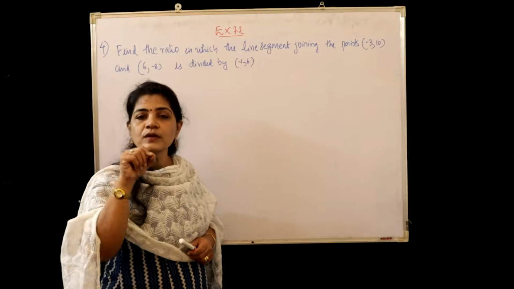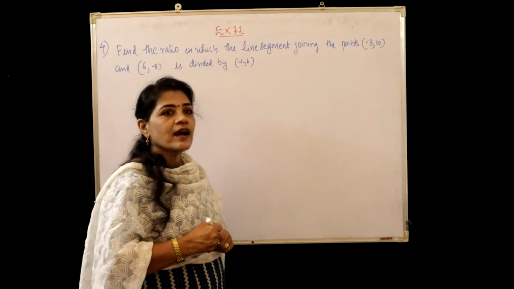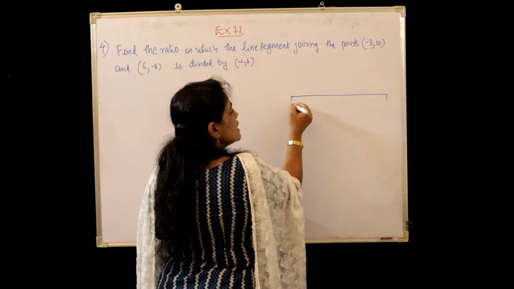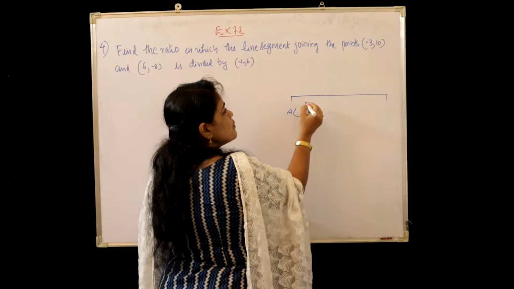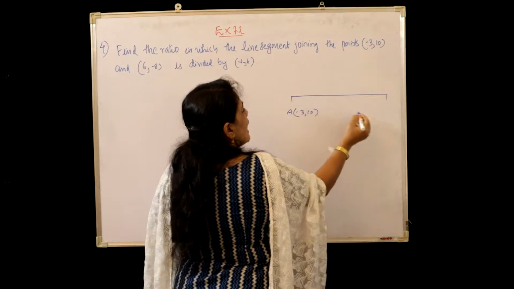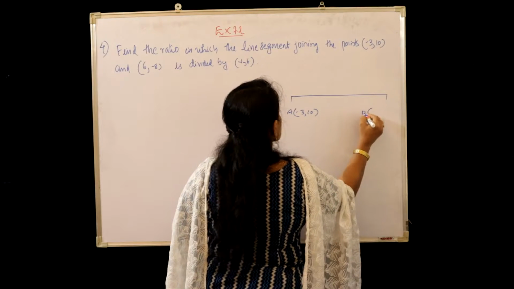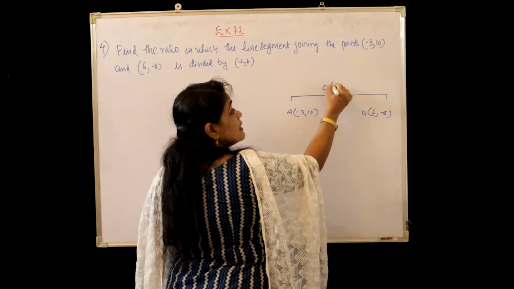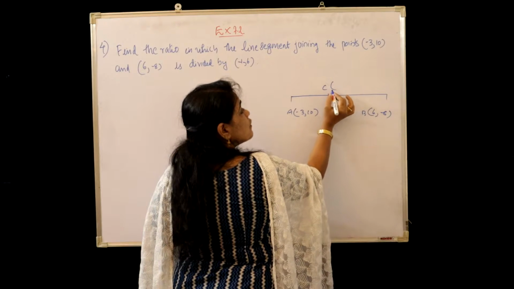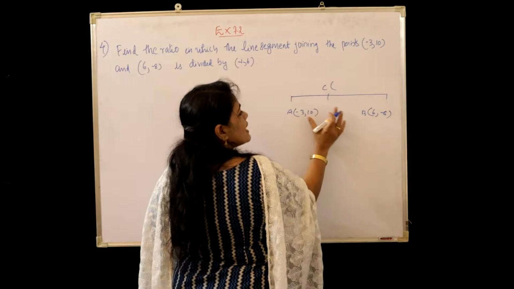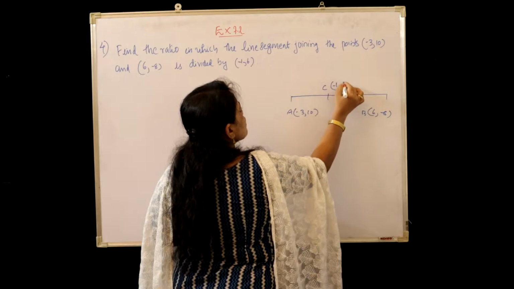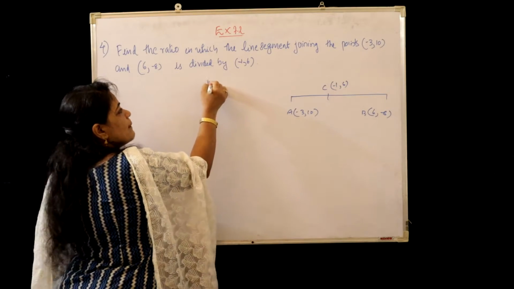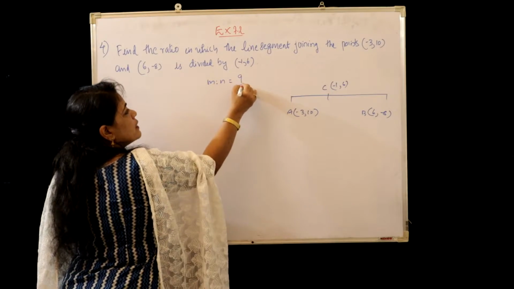That is, (-1, 6) is the point dividing the line segment. Here let it be C, and the coordinates of the point by which this AB gets divided, that is (-1, 6), are given. And we need the ratio, let it be m is to n, that is required.